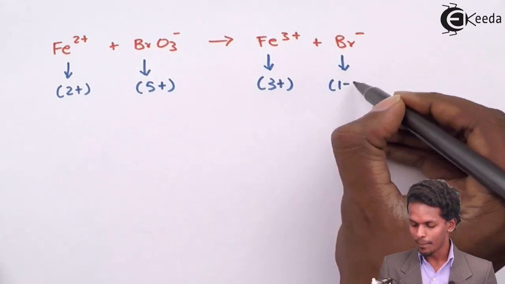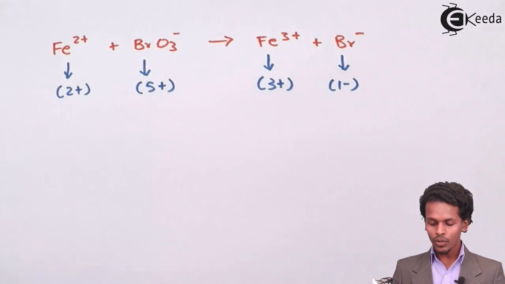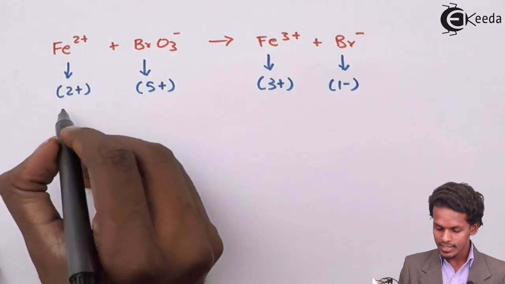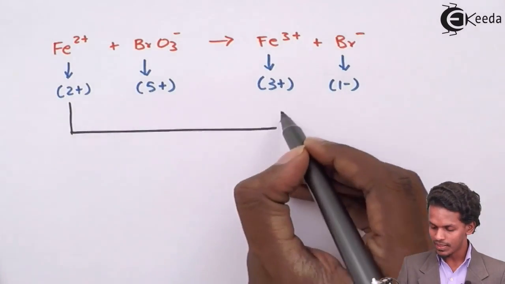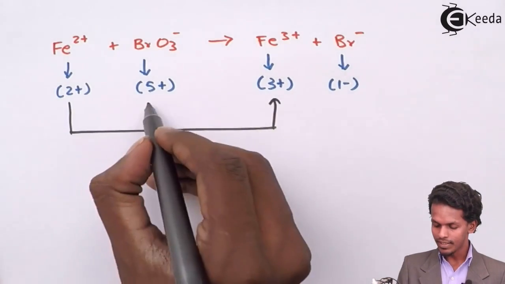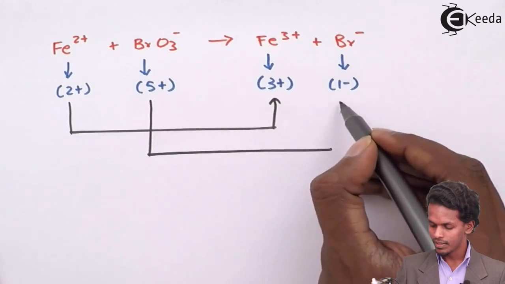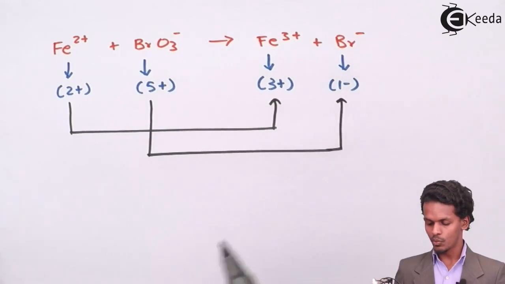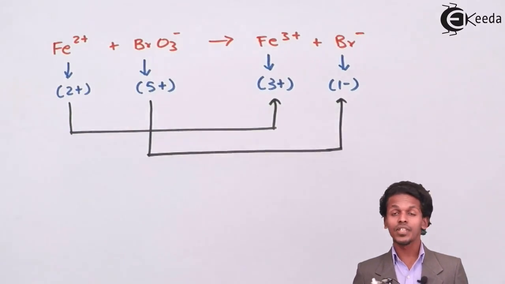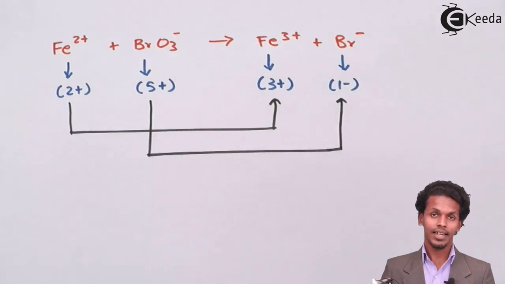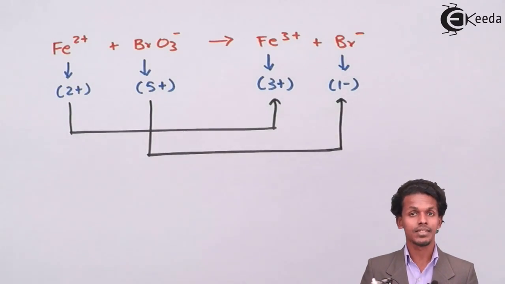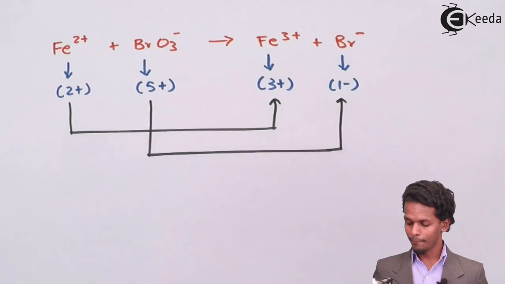and in the case of Br-, it is 1-. So what we are going to do is compare this Fe2+ with this Fe3+ and this bromine with this bromine, and check which process is occurring in changing these ions.